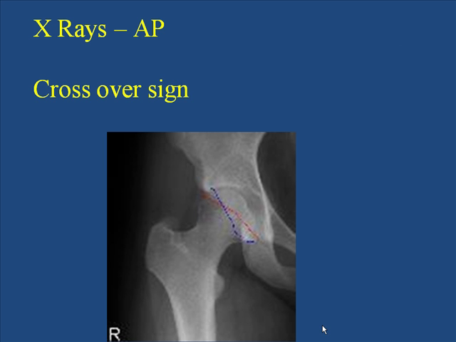We might spot a crossover sign in which the posterior acetabular rim crosses with the anterior, and this points to the fact that the socket is retroverted, and this might be associated with hip dysplasia or impingement.